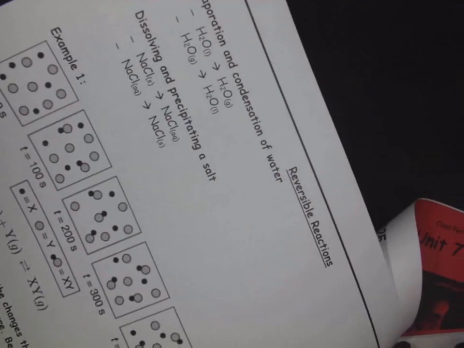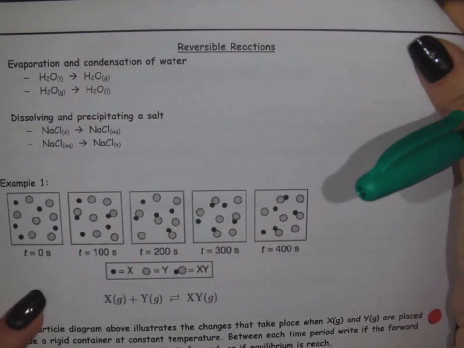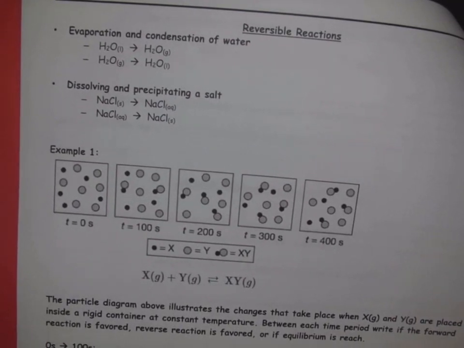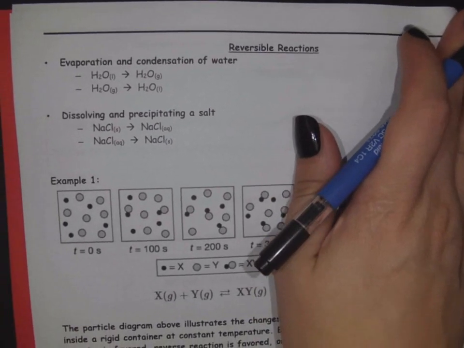So let's dive in. I'm on page 5. Actually, let's keep going. Let's go to page 6. Like I told you, we are specifically dealing with equilibrium reactions, in which the reaction goes both forward and reverse.